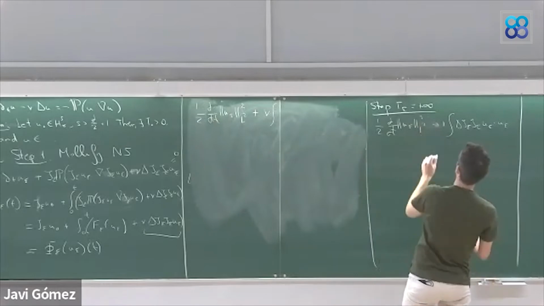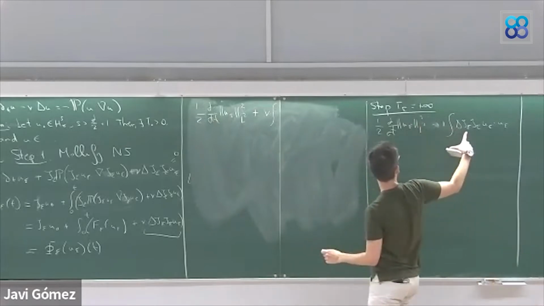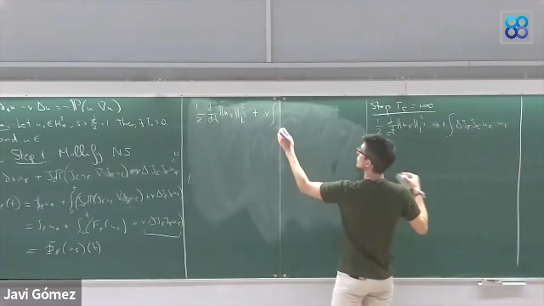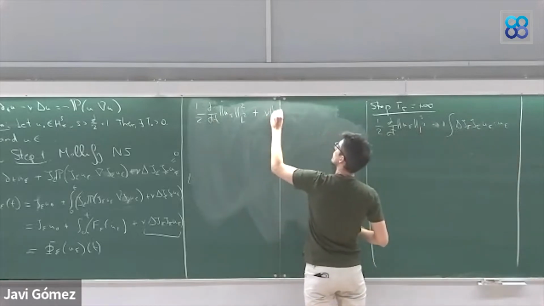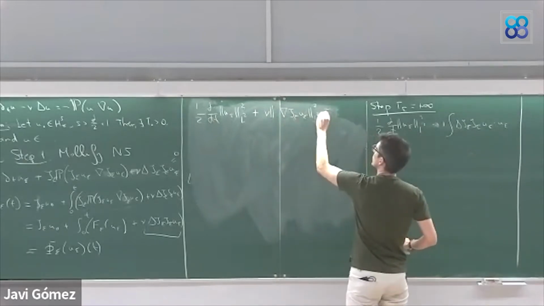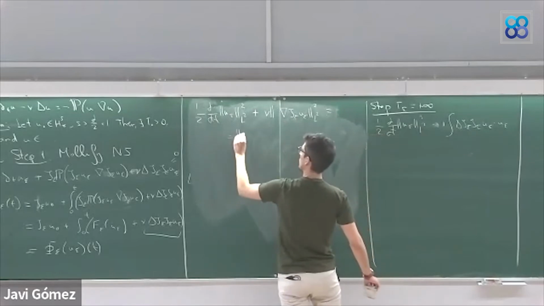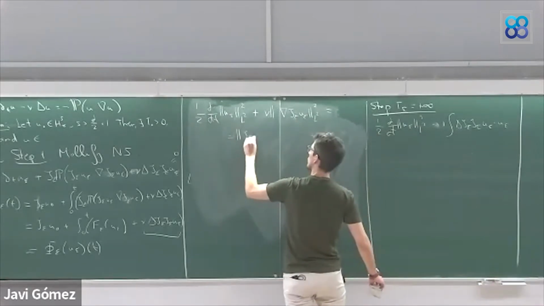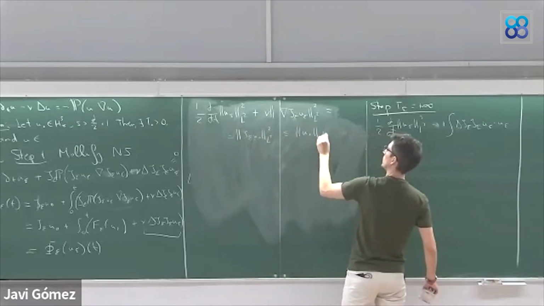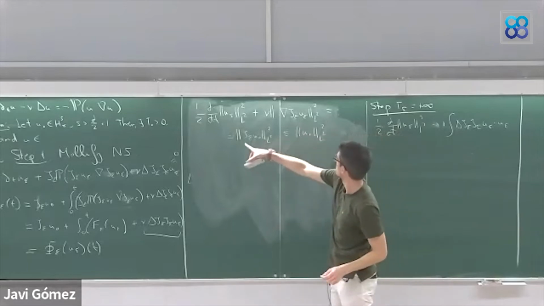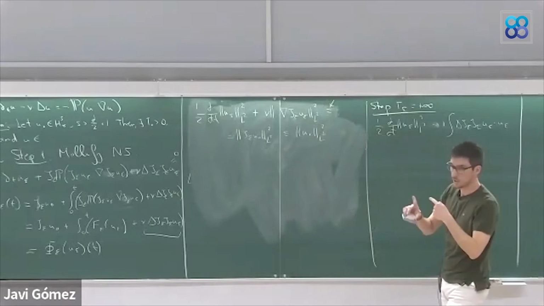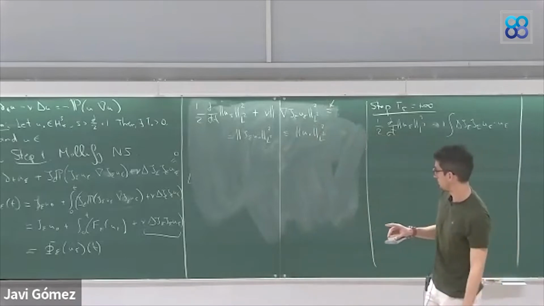This is minus. So here I'm already going to integrate by parts. Also the mollifier, we can move it to the other side. That's why we put two mollifiers here. And in this step here, as the other day, we use the incompressibility property to cancel the higher order term.